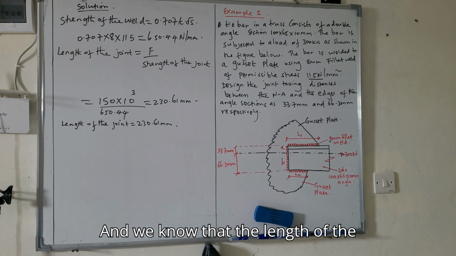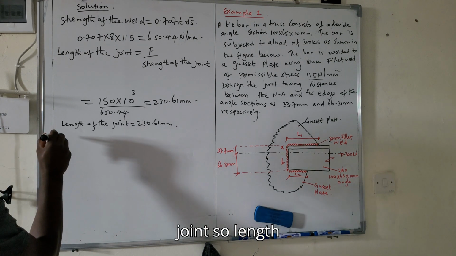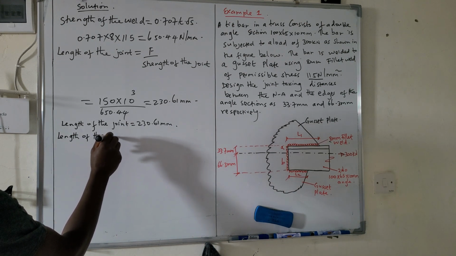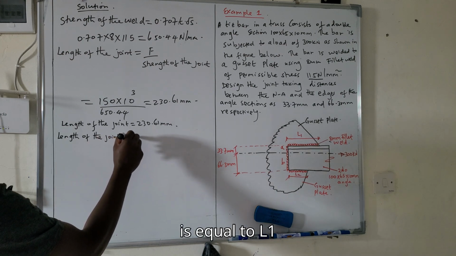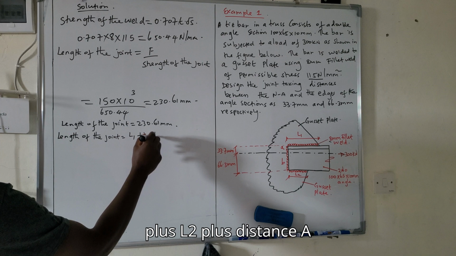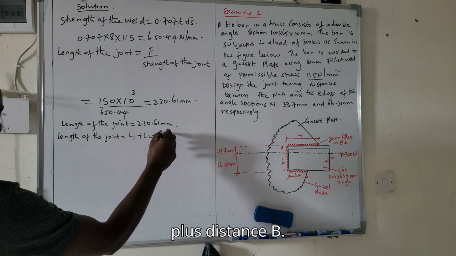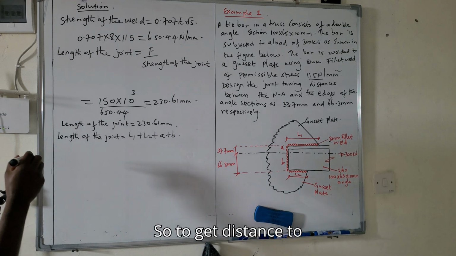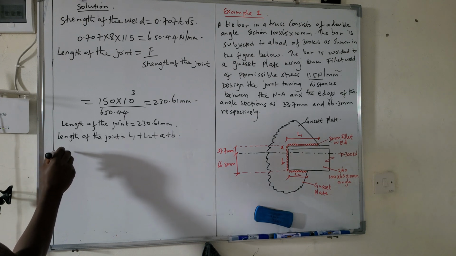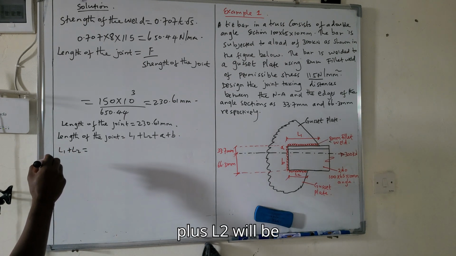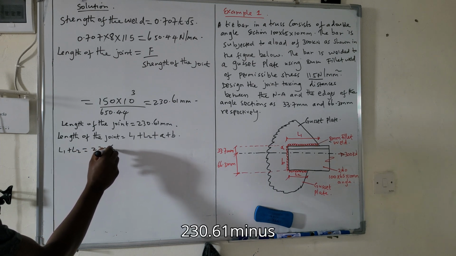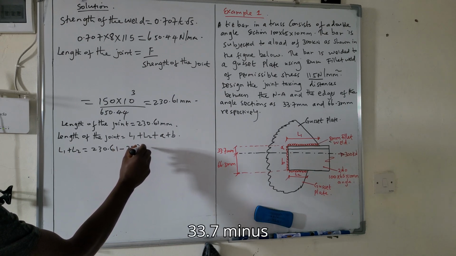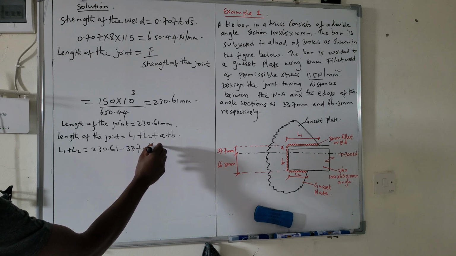And we know that the length of the joint is equal to L1 plus L2 plus distance A plus distance B. So to get the total length of L1 plus L2 will be 230.61 minus 33.7 minus 66.3.